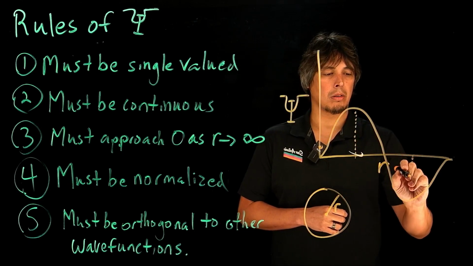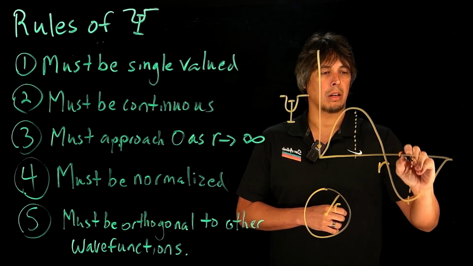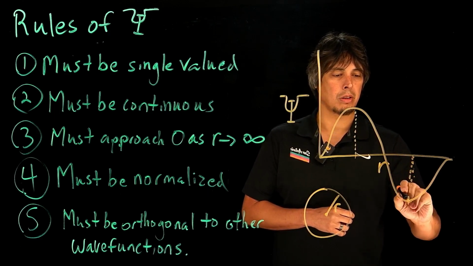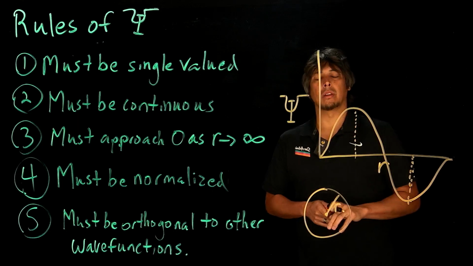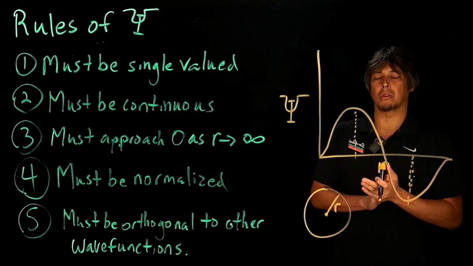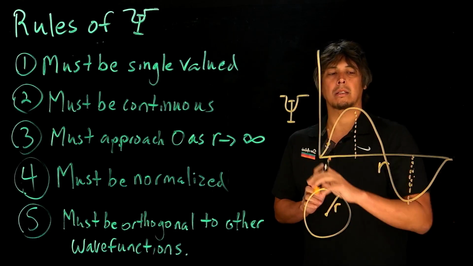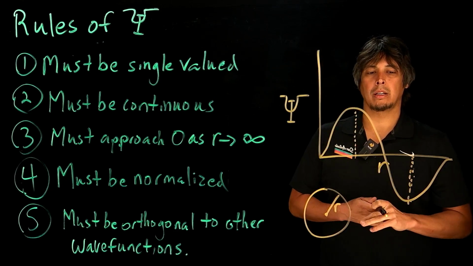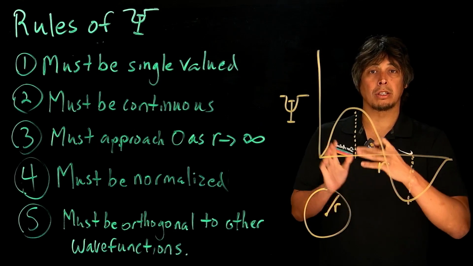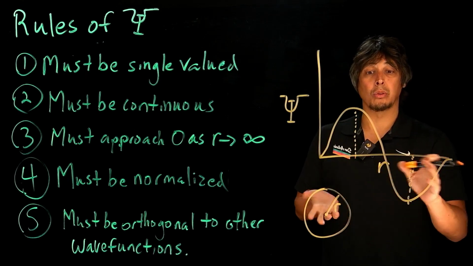So I can pick r over here, and I draw a line corresponding to where the y point is, or on the corresponding point on the y-axis. In this case, the value of the wave function, and there's only one value.